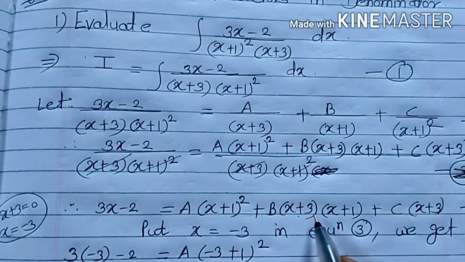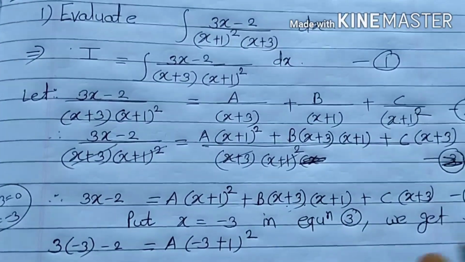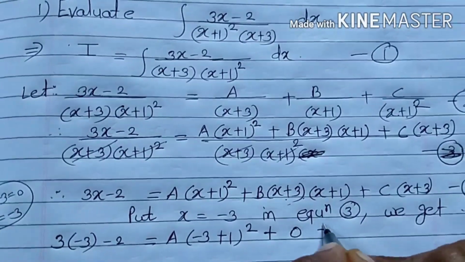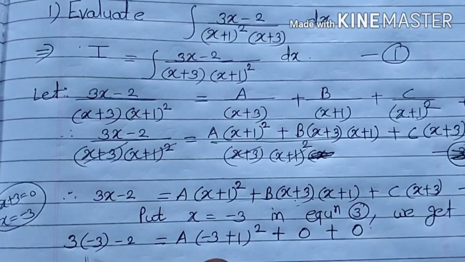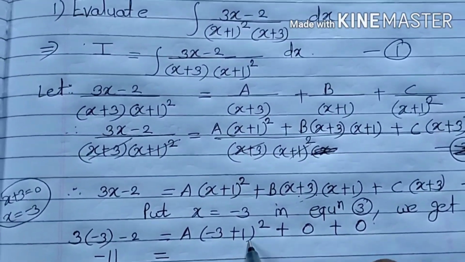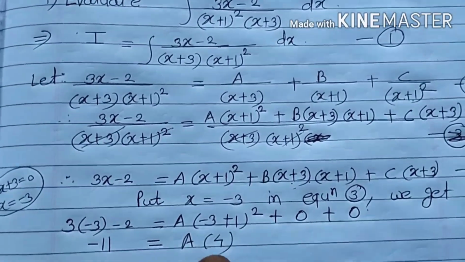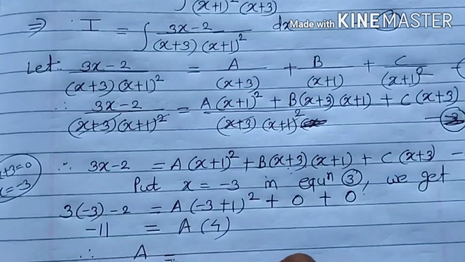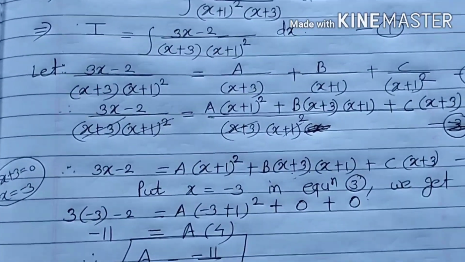And here minus 3 plus 3 is 0, so it will become 0. Here also 0. You can write here 0 plus 0. 3 threes are 9, minus 9 minus 2 is minus 11, which is equal to a into minus 3 plus 1, minus 2 square, which is 4. Therefore, a is equal to minus 11 upon 4. This is our first value.